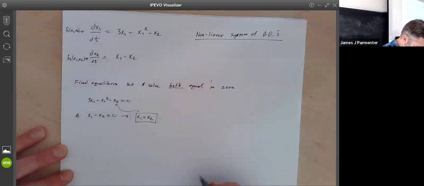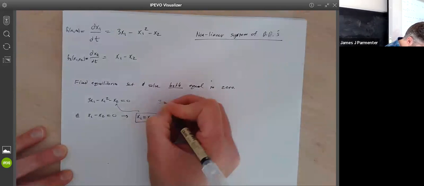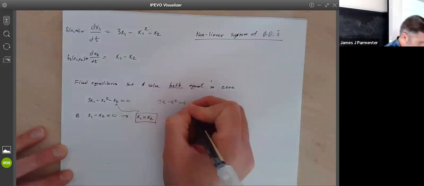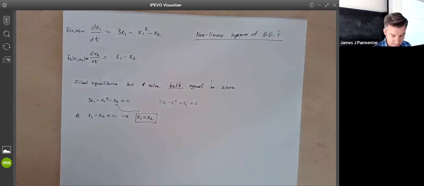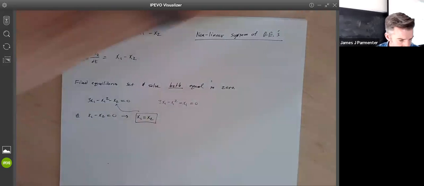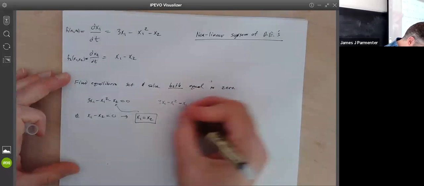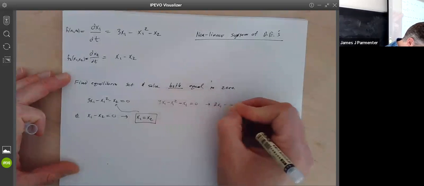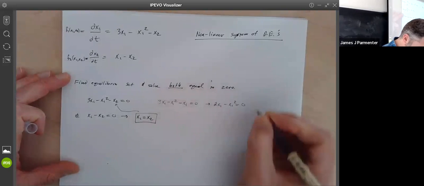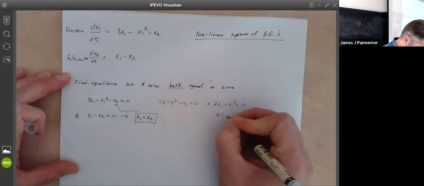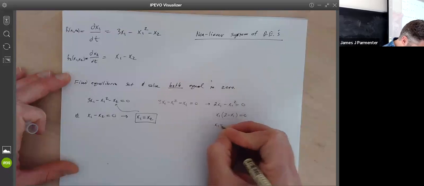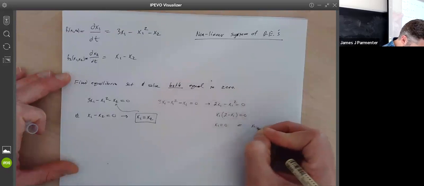So then we're going to plug this in here. I've got 3x1 minus x1 squared minus x1 equal to 0. I'm subbing in x1 for x2. And then I'm going to get 3 minus 1, so that's going to be 2x1 minus x1 squared equal to 0. Factor out an x1, left with 2 minus x1. So then we're going to get x1 equal to 0 or x1 equal to 2.